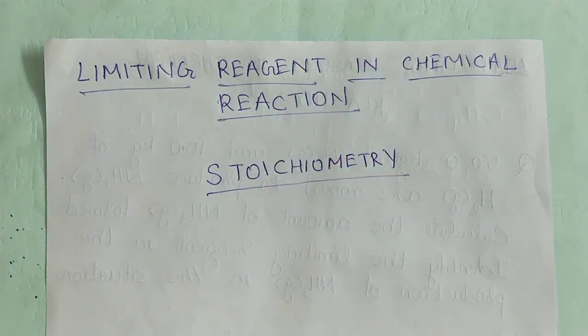But sometimes, and mostly in real cases, the amount of reactant present to perform a chemical reaction is different from that estimated by the balanced chemical reaction. That means you might have two reactants which can go through a chemical process, but they are present in different quantities.